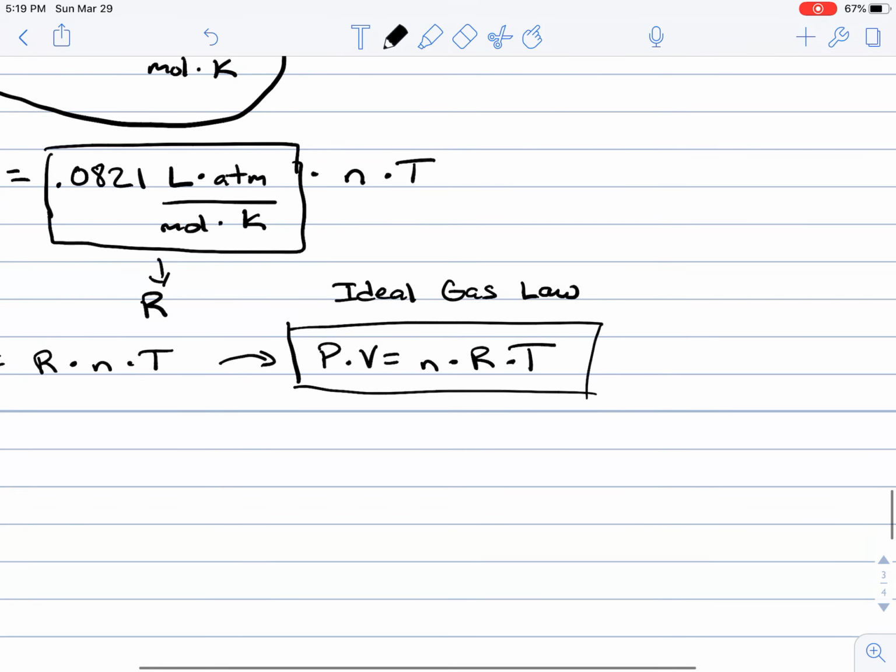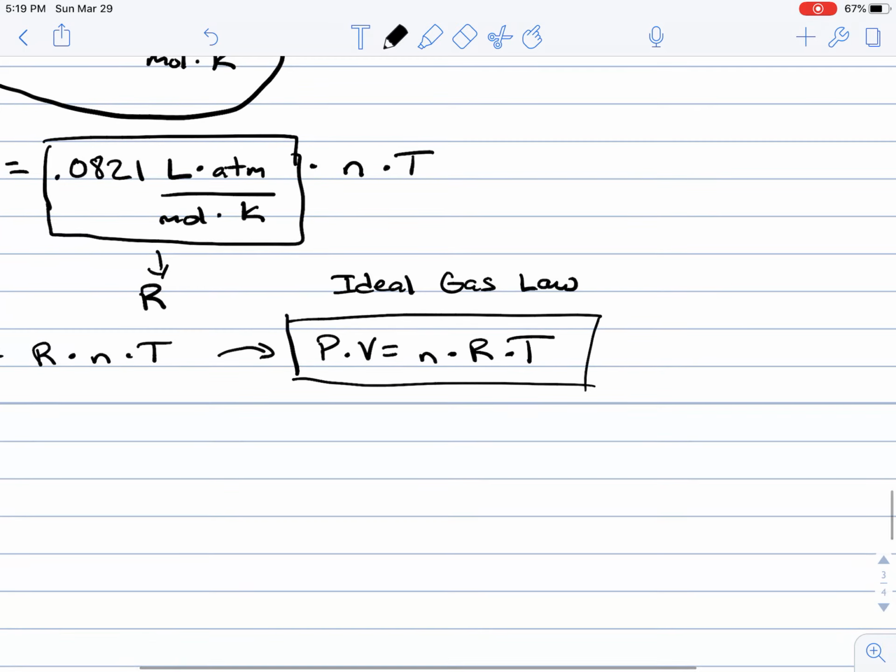You guys are going to be using the ideal gas law to determine one of these variables, whether it be pressure, volume, moles, or temperature, if you're given at least 3 of these variables and one is missing.